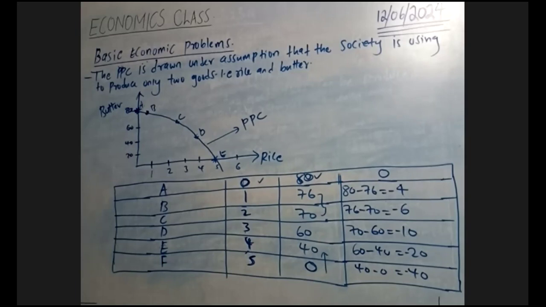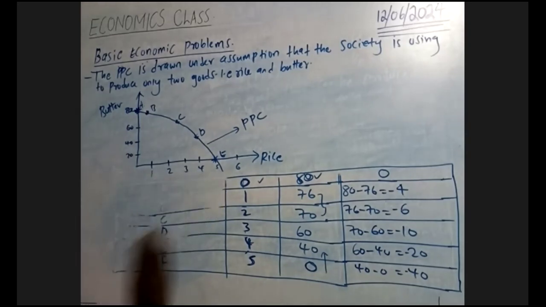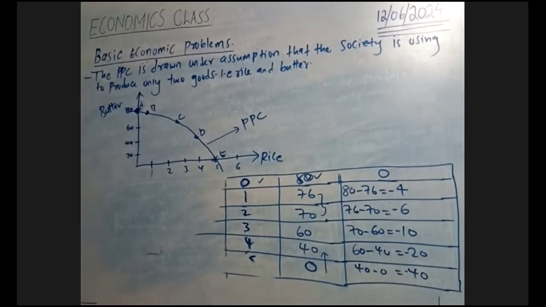So at any point along that line, with available technology, the farm can produce the number of units of either rice and butter. So this one, let me explain a bit here. Let me try and explain something here. Kidogo tu.